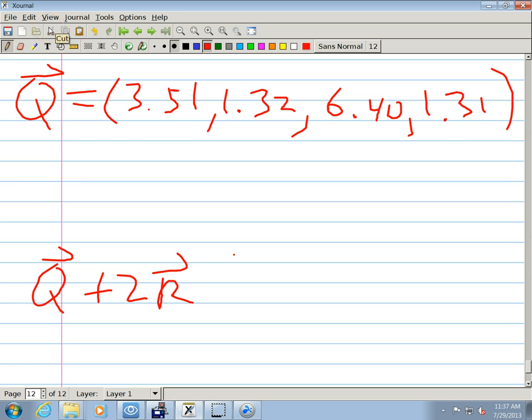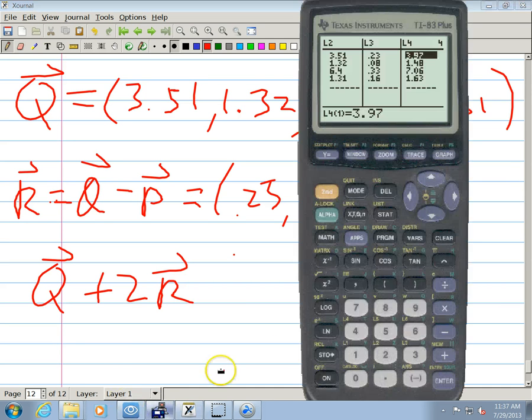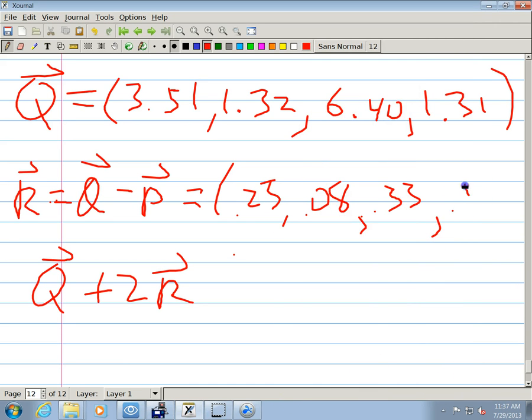I'm saying let R, the increase, equal Q minus P. And we got for that 0.23, 0.08, 0.33, and 0.16. Okay, 16.